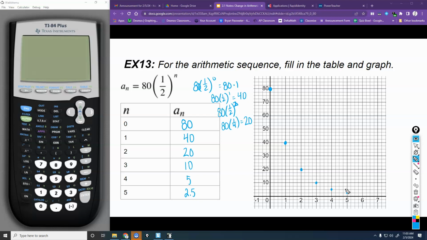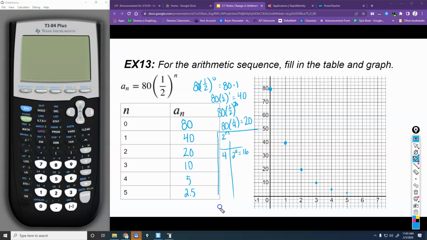Now, let me just show you something about why anything to the 0 power is 1. Think about what we were doing here. Let me just use easier numbers, right? If I'm doing 2 to the n power, if I plug in 4, I would have 2 to the 4th power, which would be 2 times 2 times 2 times 2, that makes 16, right?